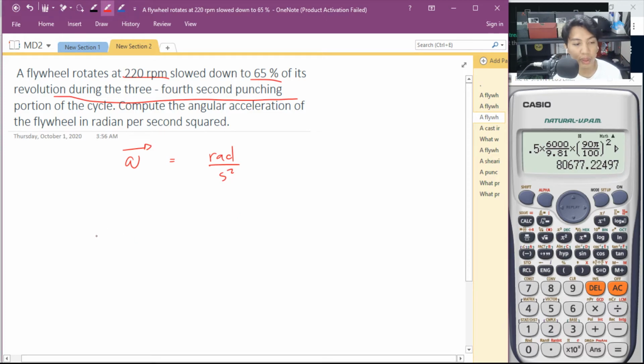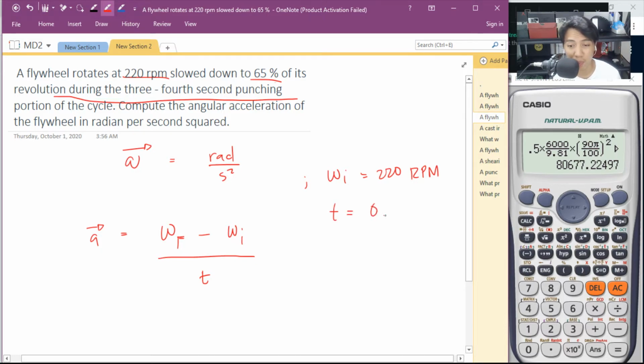Now, we use this one. Yung formula nito. That is equal to final angular velocity minus initial angular velocity or omega initial divided by the time. Where, ang given dito is yung initial. That is 220 RPM. And then, slow down to 65% of its revolution during the 3/4 second punching. So, you have the time na 3/4 second or 0.75 seconds.